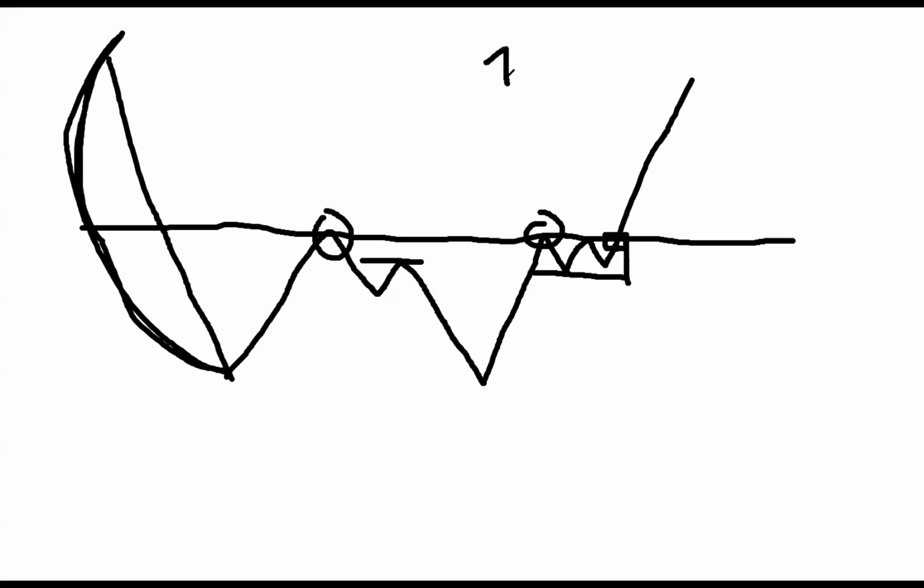So if we're on the 1 hour and we're seeing this play out, at this area on the 1 hour, I'm looking on the 15-minute chart to read my price action because it's going to present some type of candle pattern that we're going to be able to identify.